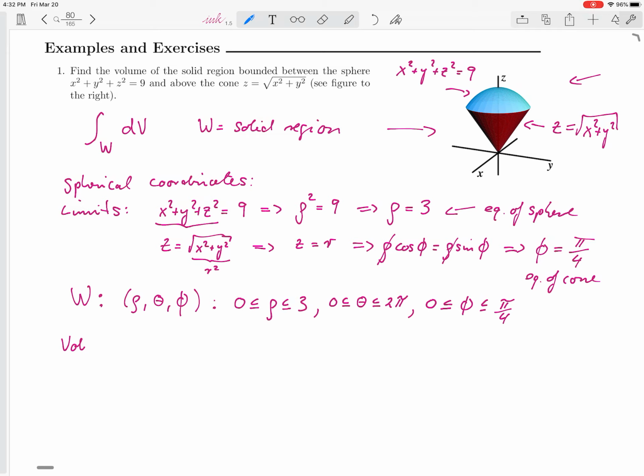To find the volume, we wanted the integral of W dV.